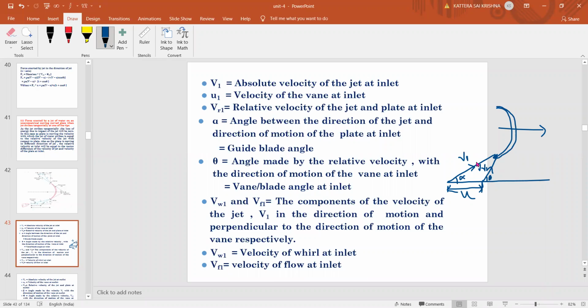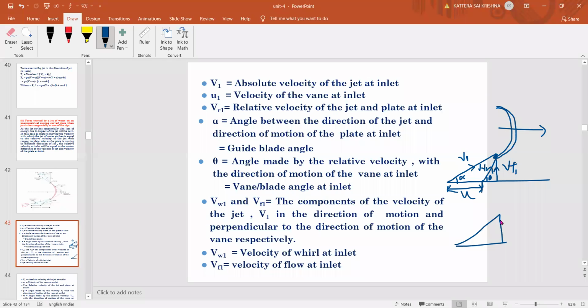Next, we need to resolve this V1 in the X direction. We can drop a vertical line from V1. You'll get the vertical component of V1, that is VF1, the flow velocity. Next, if you take this line as horizontal, it is like this actually.